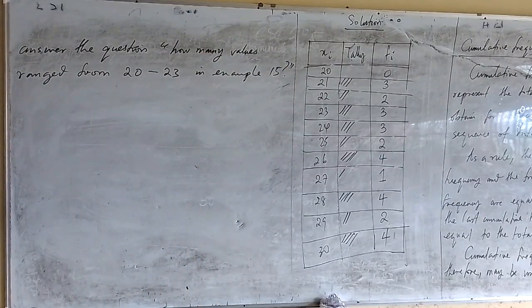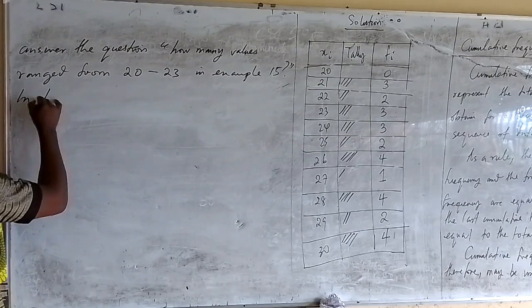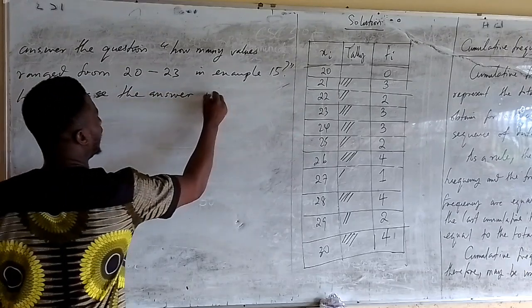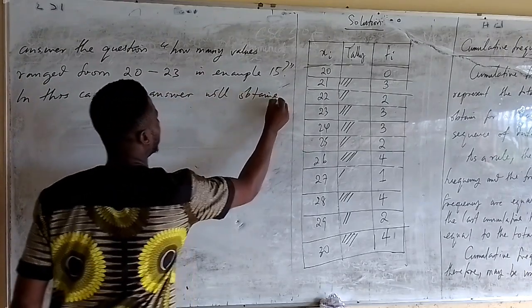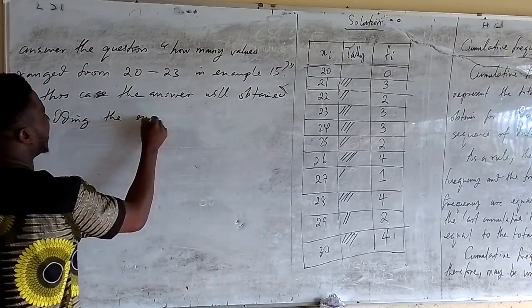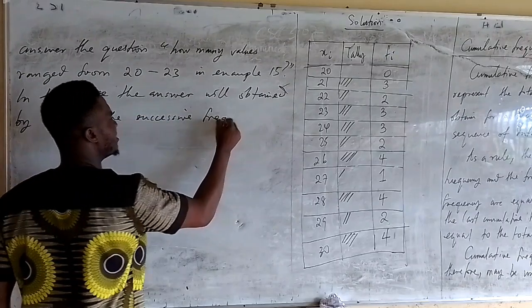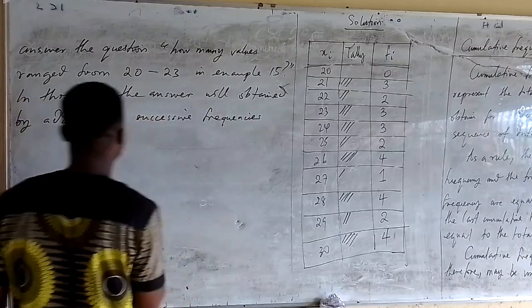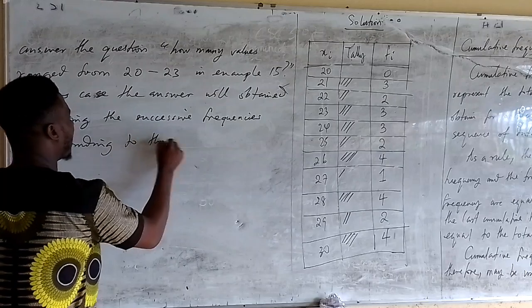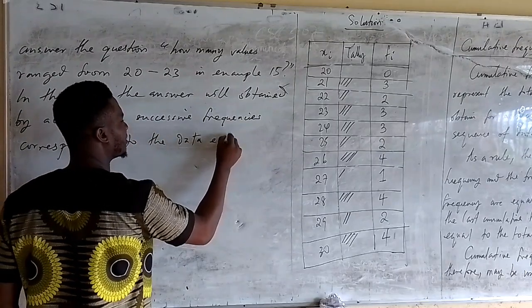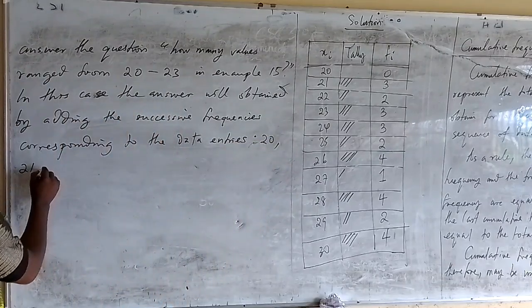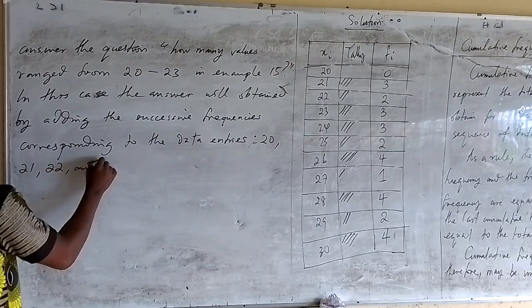So in this case, the answer will be obtained by adding the successive frequencies corresponding to the data entries 20, 21, 22 and what? 23.